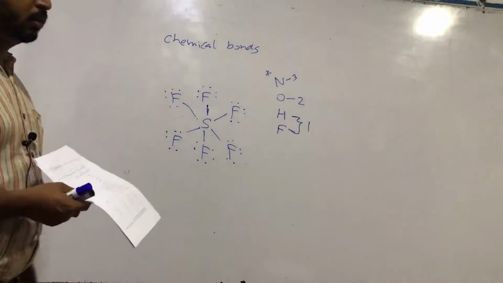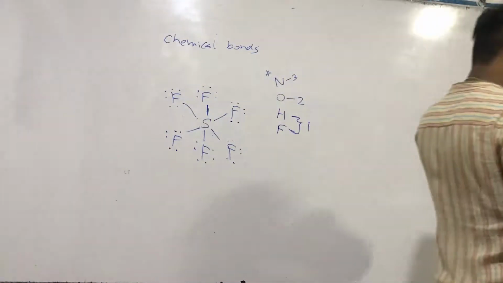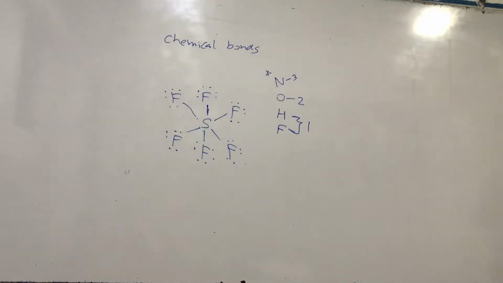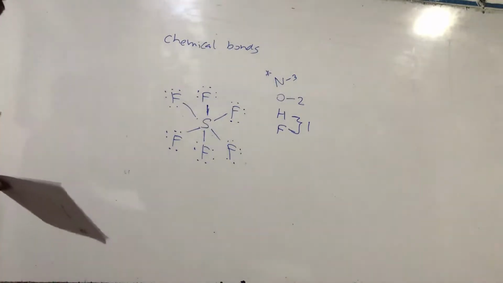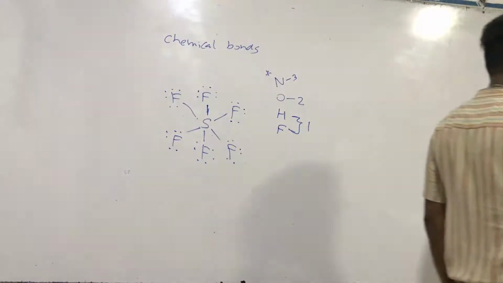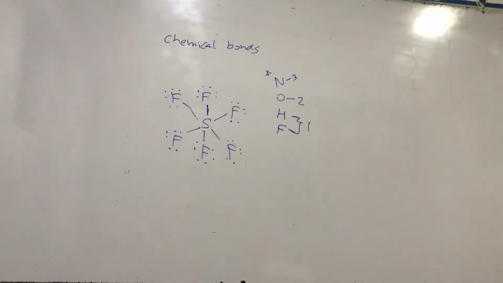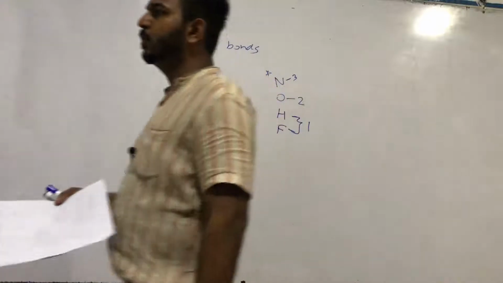These number of bonds should be drawn for the Lewis structure to be stable.